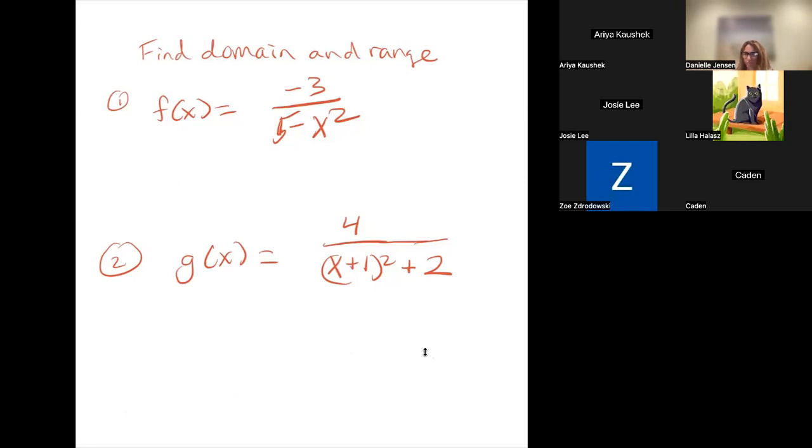What's the answer to the second one for the range? Have you done the first two? Are people ready for the answers? Let's do one more minute, and then I'll quickly go through what the answers are.